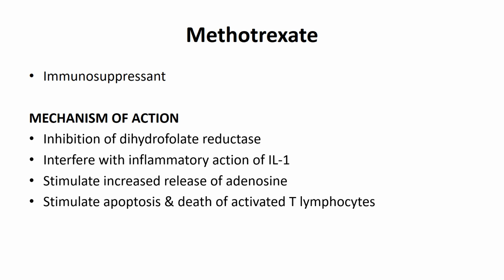The activated T lymphocytes and interleukin 1 are the main mediators of inflammatory responses, so these will be inhibited by methotrexate, and it also has an inhibitory property on folic acid synthesis.